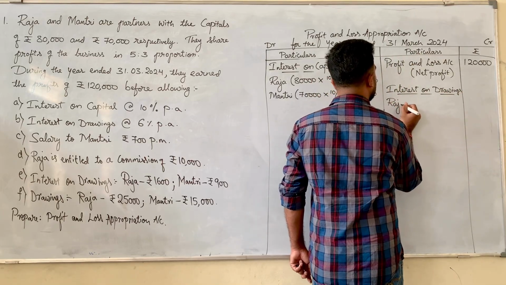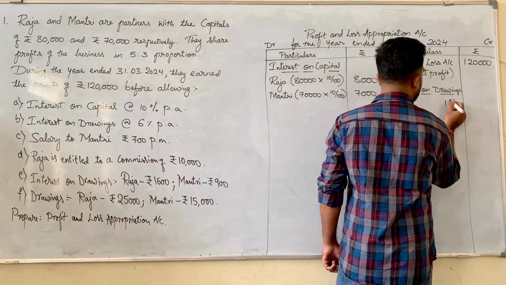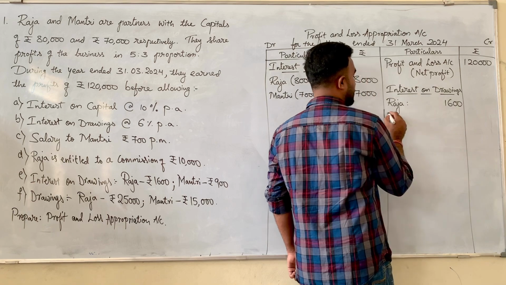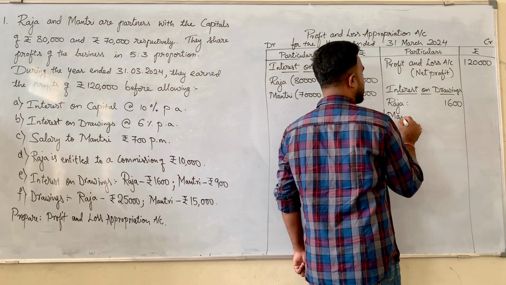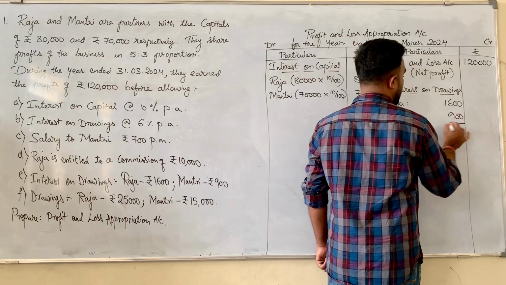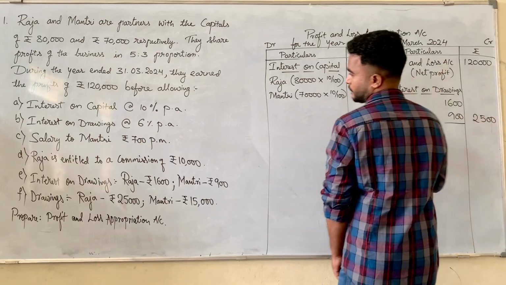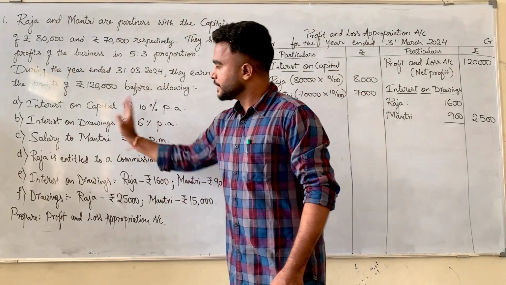What is the amount of interest on Raja's drawings? 1,600. What is the amount of interest on Mantri's drawings? 900. So if we add them, it will be 2,500. After that, interest on drawings is over.